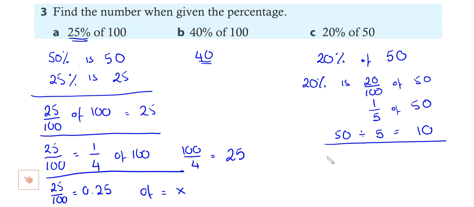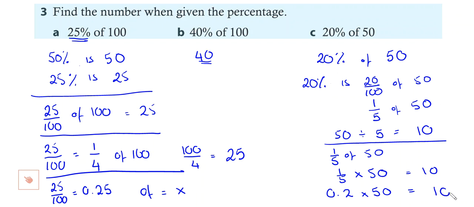The other thing, we could say 1/5 of 50, as I said over here, of is multiply. So 1/5 times 50 is 10, or 1/5 is 0.2, no? 20% is 0.2. 0.2 times 50 is 10. Now you might not be comfortable without a calculator at this level, but you might be.